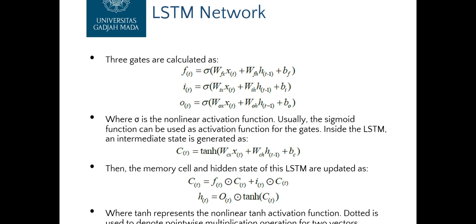In the third step, the new cell states are calculated based on the results of the previous two steps, with ⊙ denoting the element-wise product. In the last step, the output of the memory cells is derived as denoted in the following two equations.